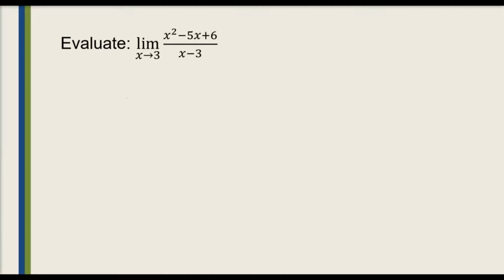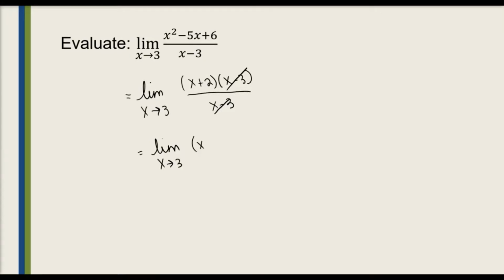But I think we can factor the numerator, and it looks like the numerator will factor into x plus 2 times x minus 3 divided by x minus 3. We'll cancel our common factor, and we have the limit as x approaches 3 of x plus 2, which we can evaluate by direct substitution to get 3 plus 2, which is just 5.